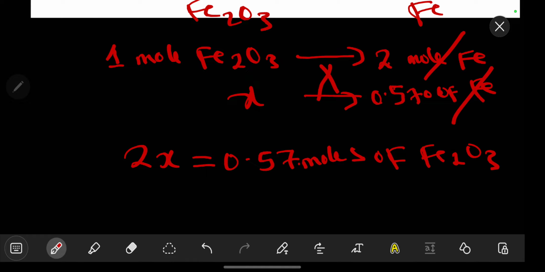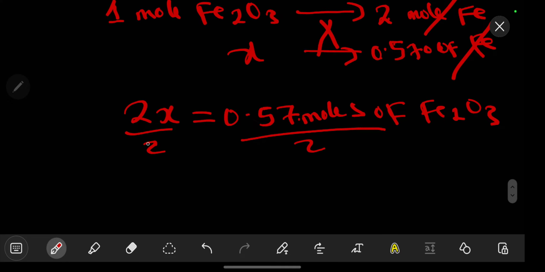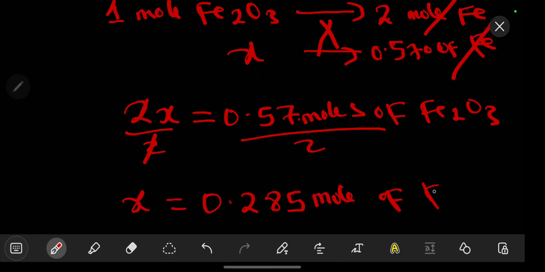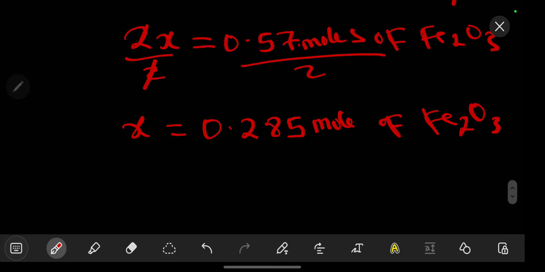We divide by 2, so what we remain with is X equal to 0.57 divided by 2. This gives us a value of 0.285 moles of Fe2O3. So now they want the mass.